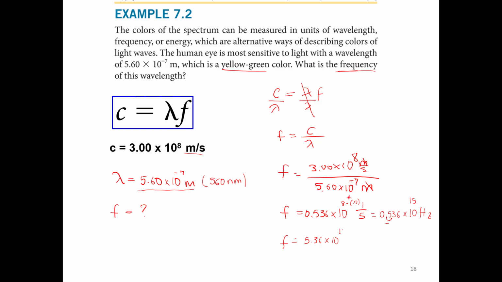Then we have 10 to the power 14 hertz, as we expected, yes? 14 should be the frequency of the visible light. Remember, always the frequency of the visible light in hertz is some number times 10 to the power 14. And this is the frequency of the yellow-green color, yes?